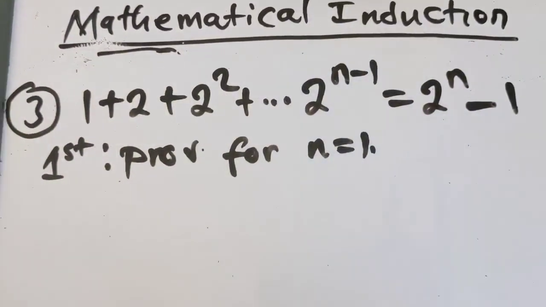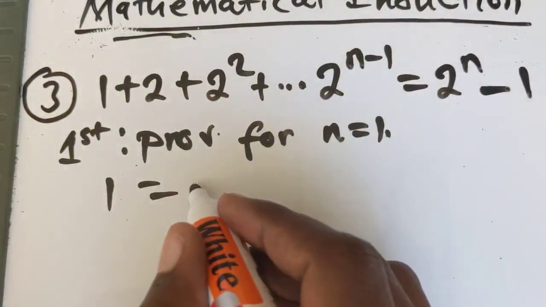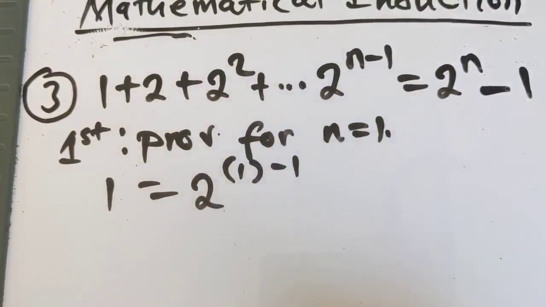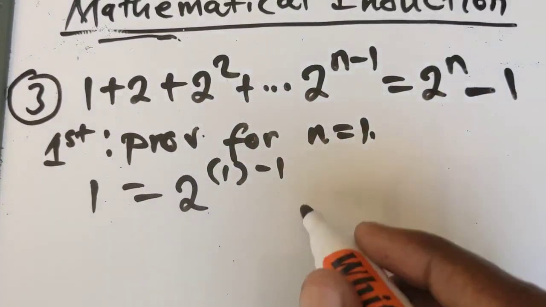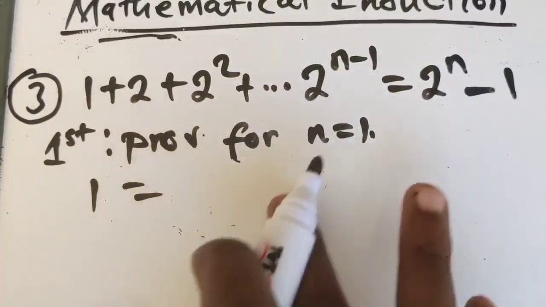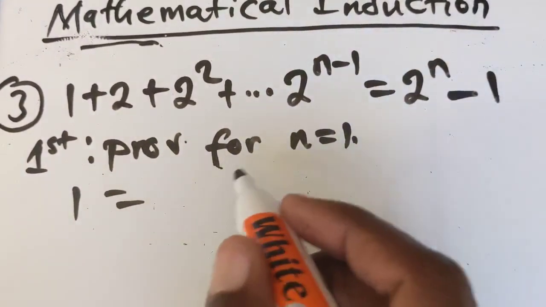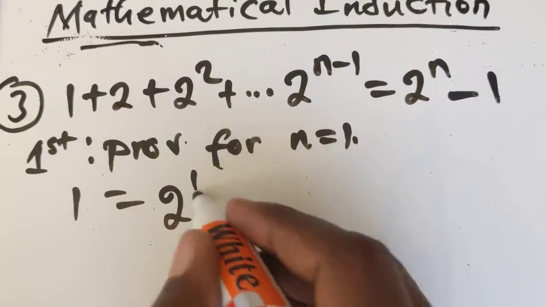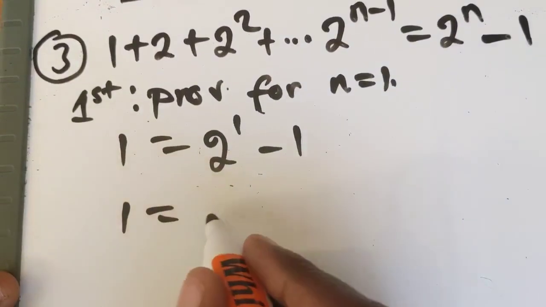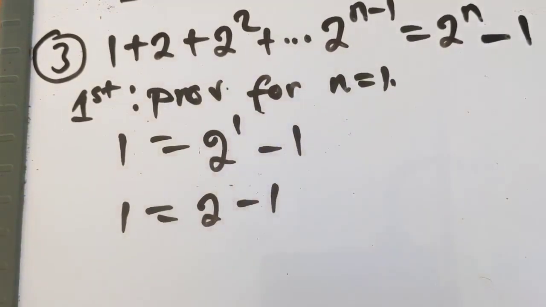Just prove for n equal to 1, since we know how to do it. So it will be 1 is equal to 2 to the power 1 minus 1. 2 to the power 1 is just 2, 2 minus 1 is just 1.